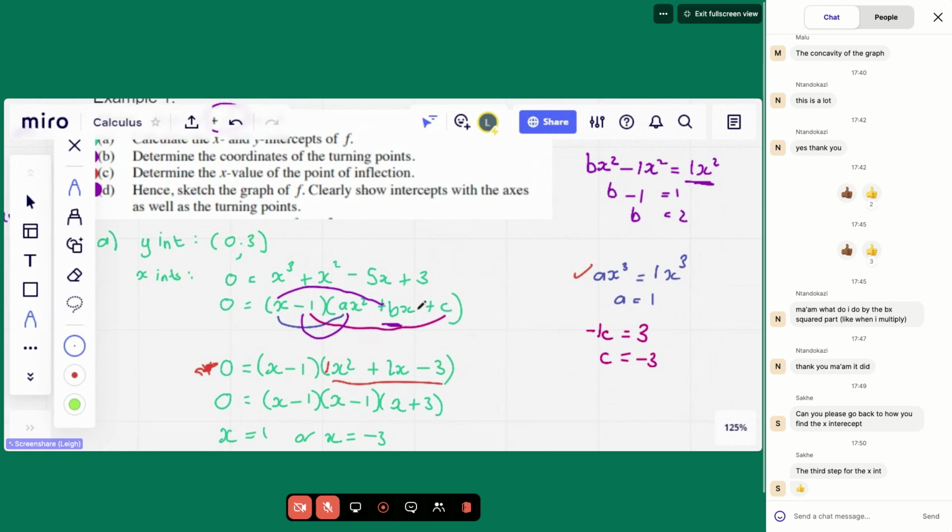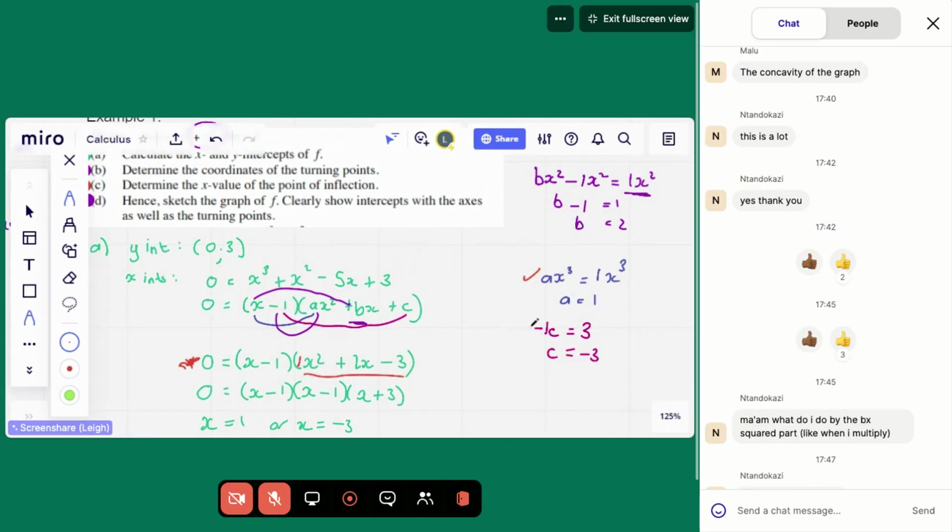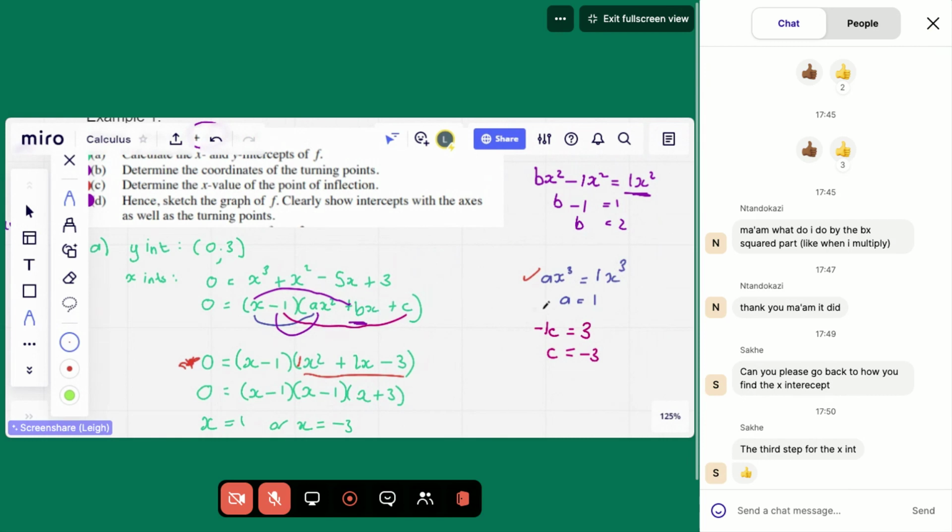Okay, then when I worked out the c, I multiplied the -1 in the first bracket with c in the second bracket. And again, when I go and have a look up at the top there, I can see that my constant term is 3. So dividing both sides by -1, I get -3, and that's why I wrote the -3 over here.